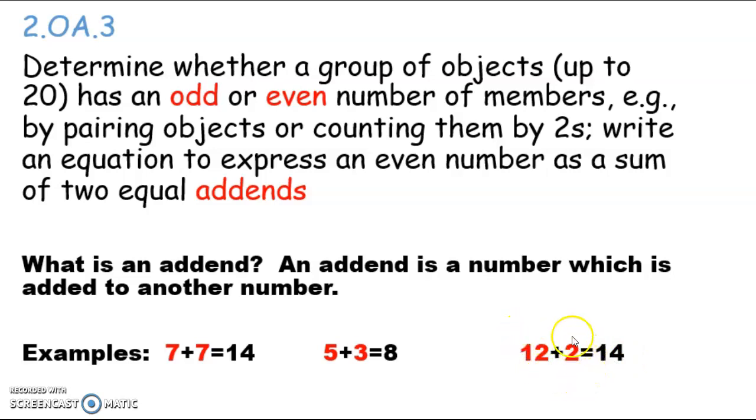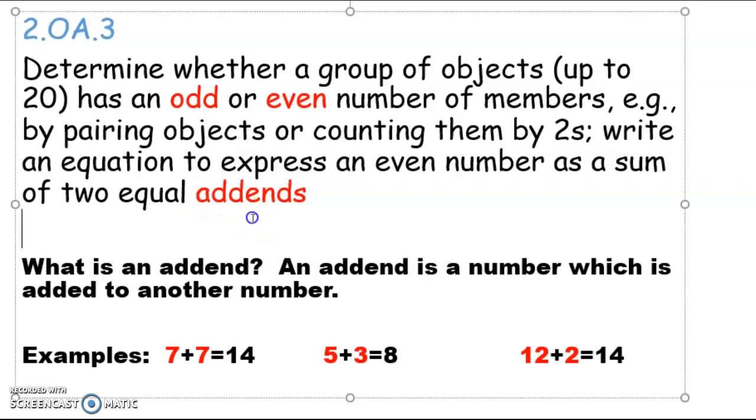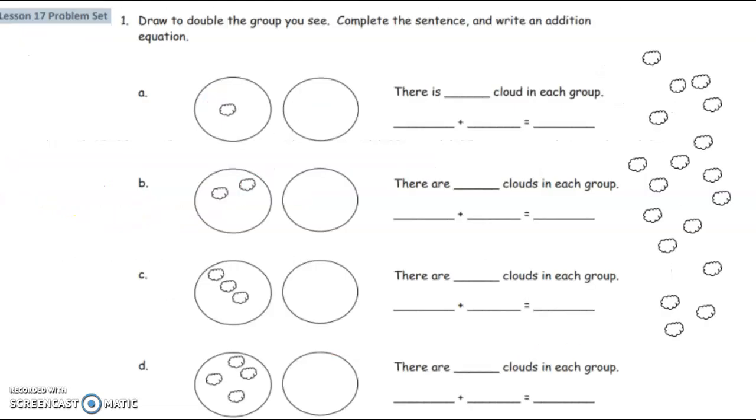The numbers in red are the add-ins. So in this case, 12 and 2 are the add-ins. So whenever you see this word, add-ins, just think of this word here, which is add. Numbers that are being added together. Okay, let's move on to our problem set for today.